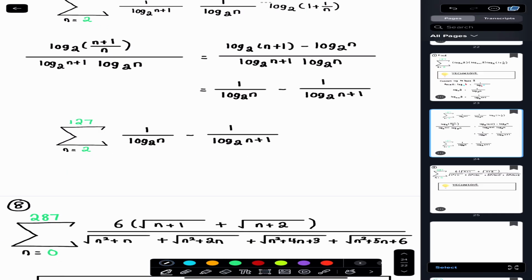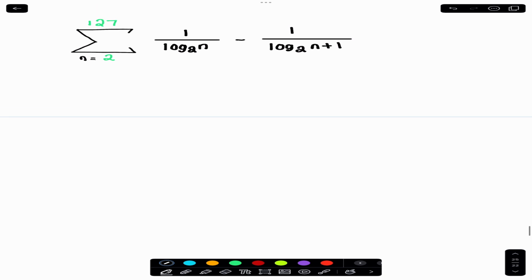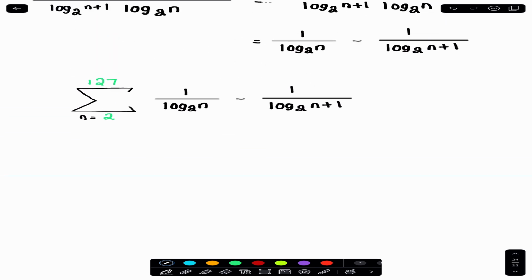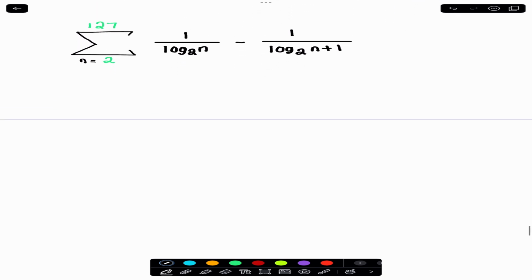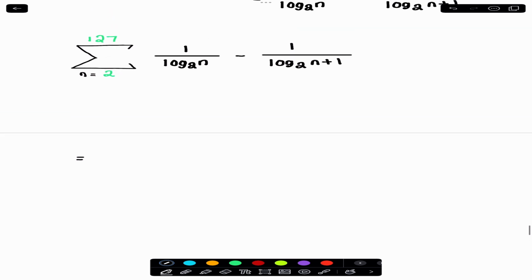So I think it would be a good idea now to write out this sum explicitly. So we are going to start with n equals 2.